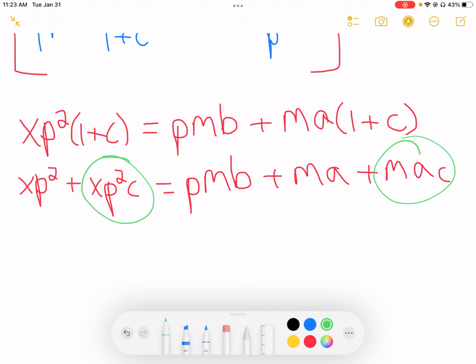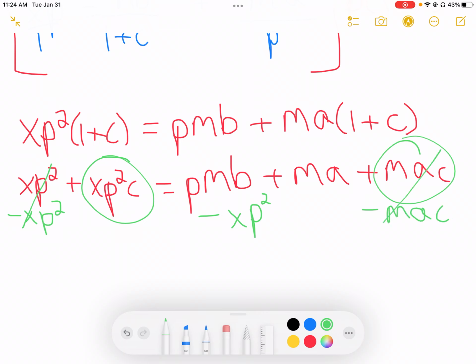So let's do that. I'll do minus xp squared, because this is going to get rid of this one on this side. And I'll just do minus xp squared here, and then minus mac.